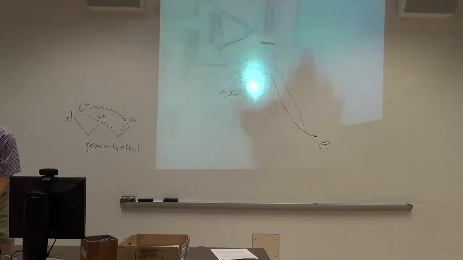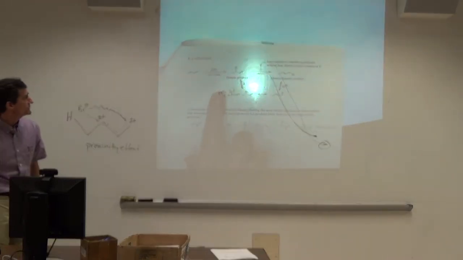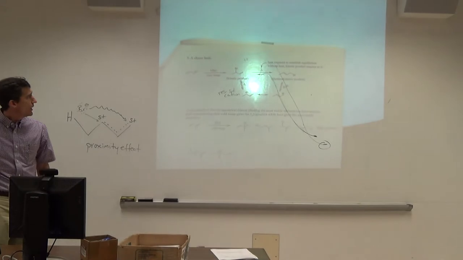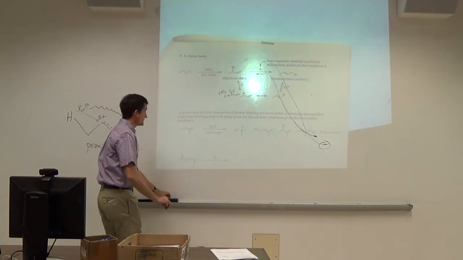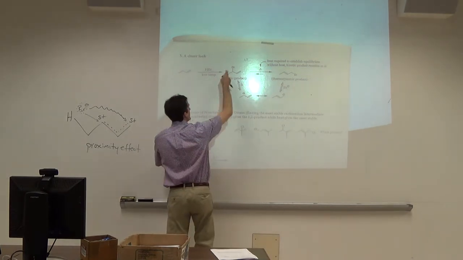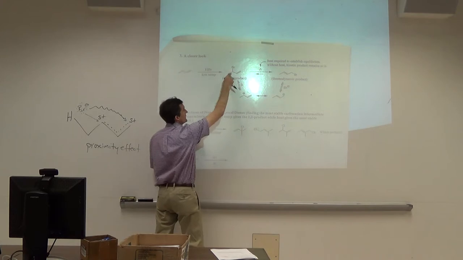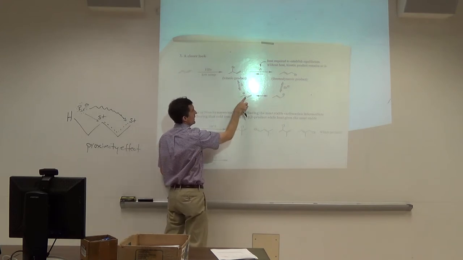Now this sums up what I was trying to show here. I think this is kind of the summary. Low temperature, kinetic product. Game over. That's it. If you have heat, you can keep going. This thing can actually reverse.